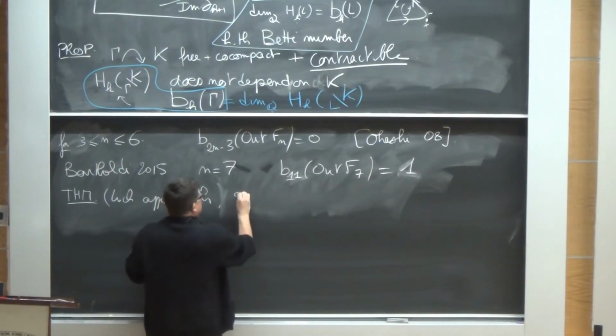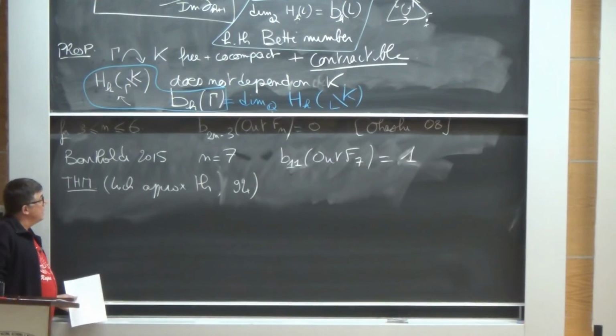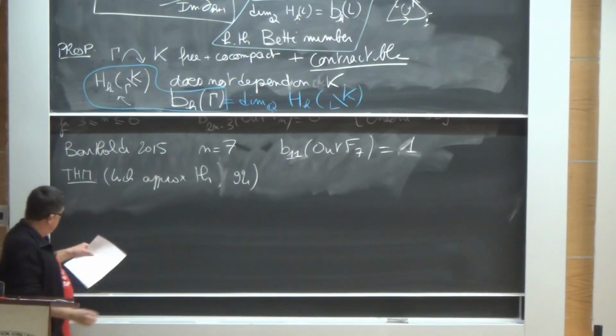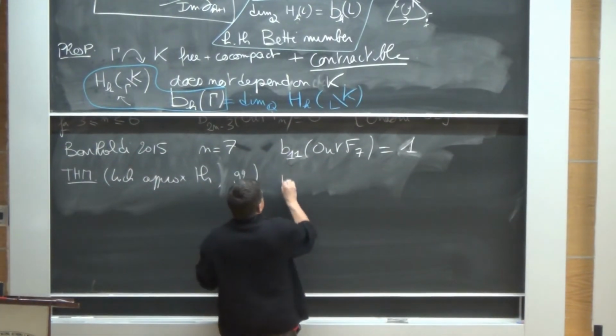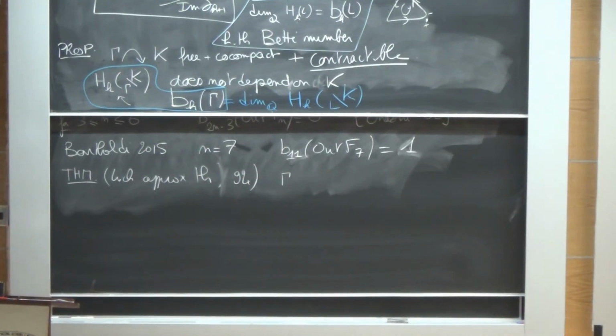It's from 94. So it says the following. You have a gamma which is so-called residually finite.